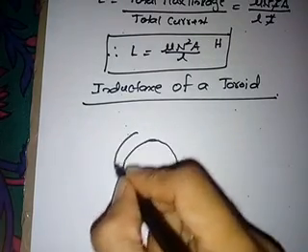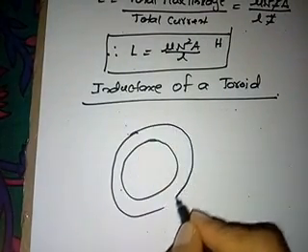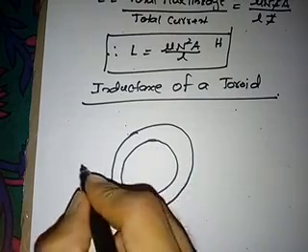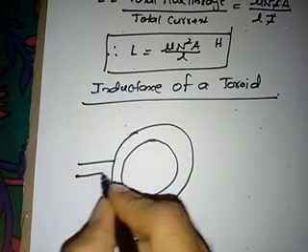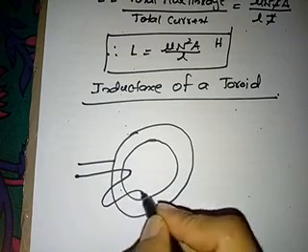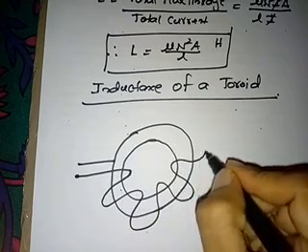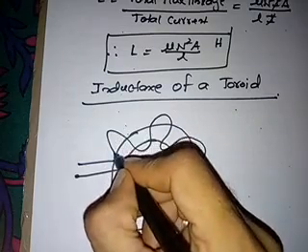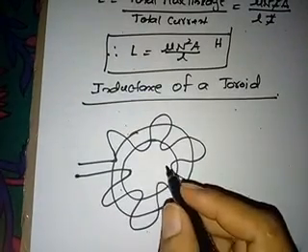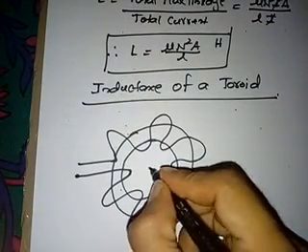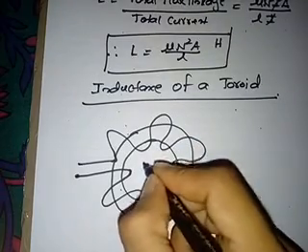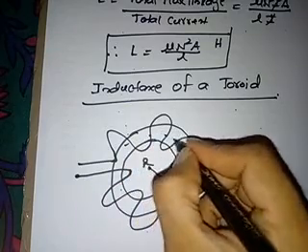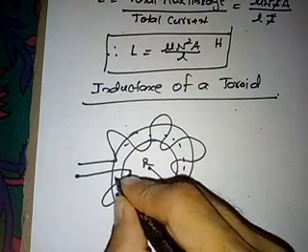This is the toroidal ring here. Now this toroidal ring is surrounded by a coil like this. Okay, it is surrounded by a coil. The radius is R. Fine. This is the radius R.